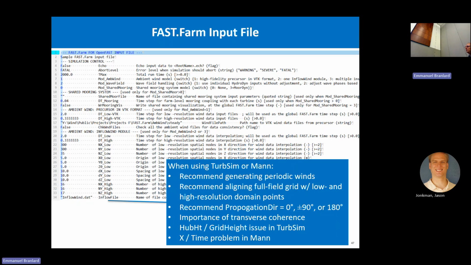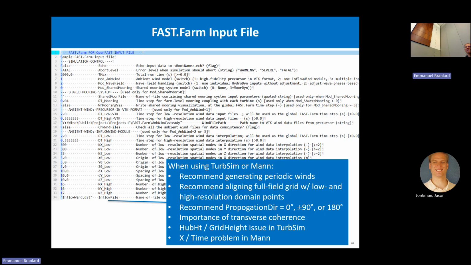Next one is really pretty critical. You want to make sure you align the TurbSim grid with the FAST.Farm domains, meaning point to point matching. You can skip points if you don't want full resolution, but you do want them to align. If they don't align, FAST.Farm will simply interpolate from the TurbSim domain to the FAST.Farm domain, and that sounds great.